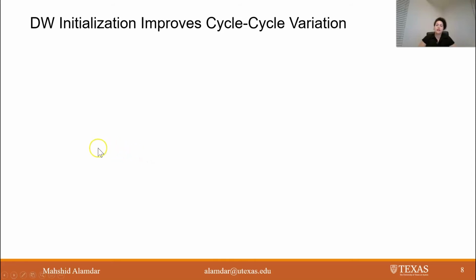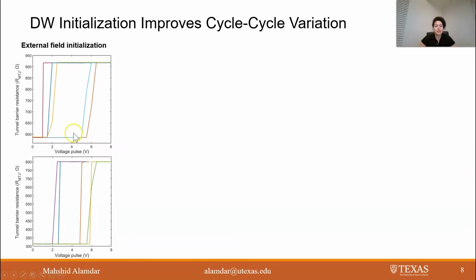We first studied the MTJ switching behavior versus voltage when no initial domain wall is present. First, saturation field is applied to set the free layer magnetization in the parallel mode. Then voltage is applied through the domain wall track to switch the free layer magnetization, and they all get anti-parallel.